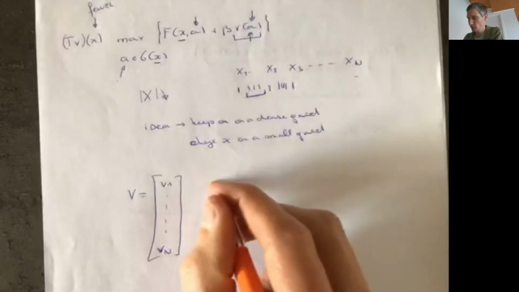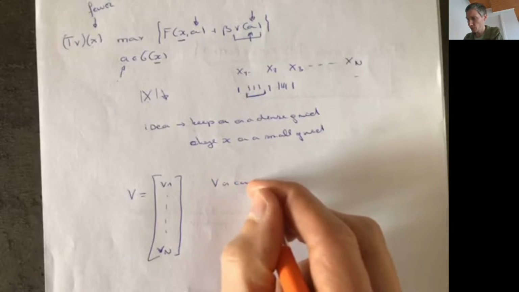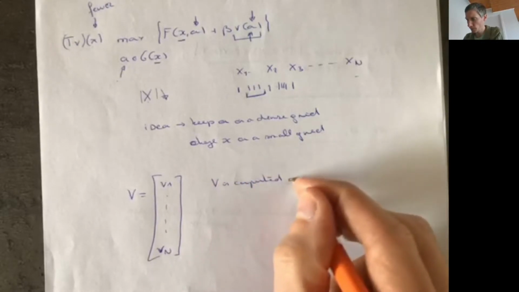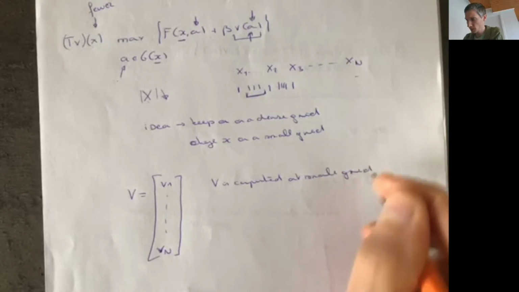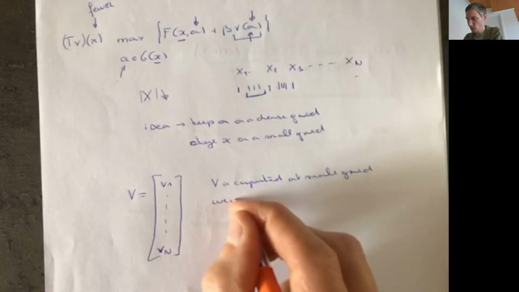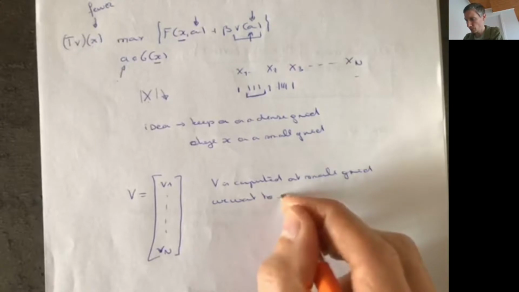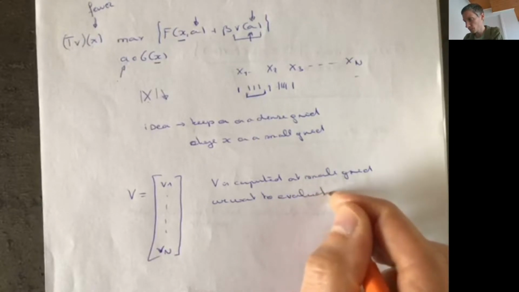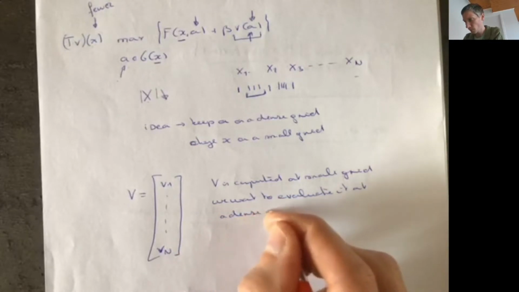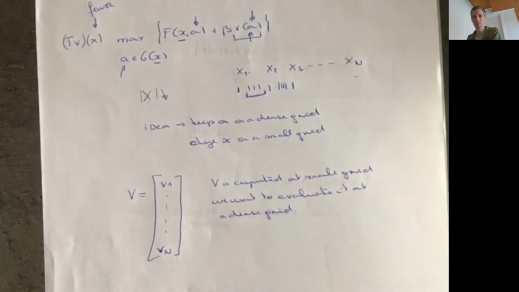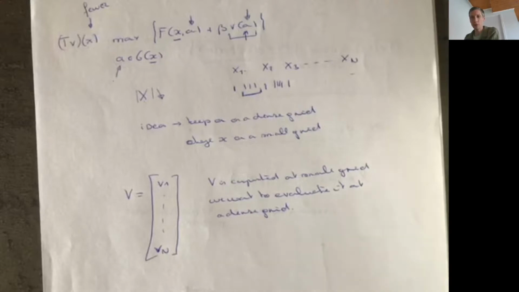Okay, so v is computed at a small grid, but we want to evaluate it at the dense grid. So how do you evaluate a function on points where it's not defined?